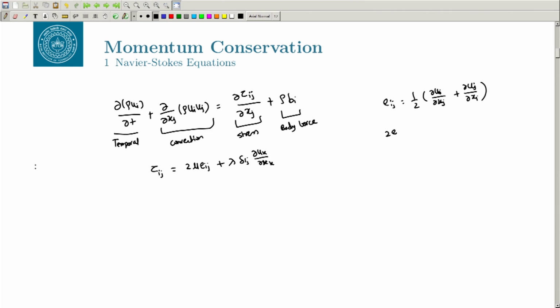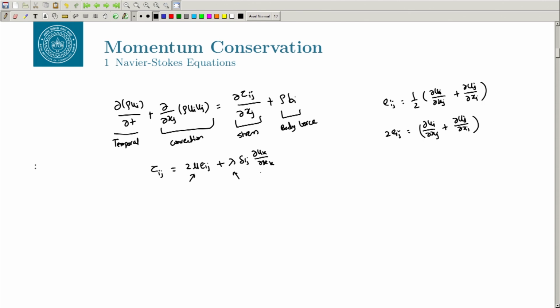So 2 E_ij will be del u_i by del x_j plus del u_j by del x_i. And we said that mu is the first coefficient of viscosity, or the molecular viscosity as we know it, and lambda is related to the bulk viscosity.